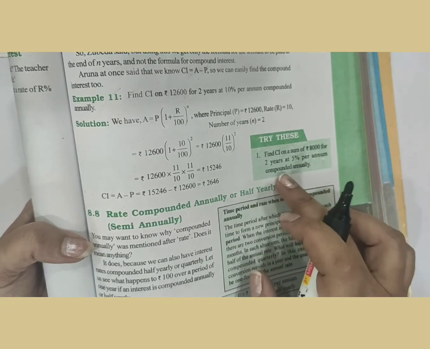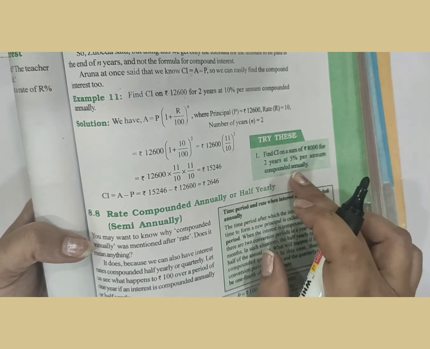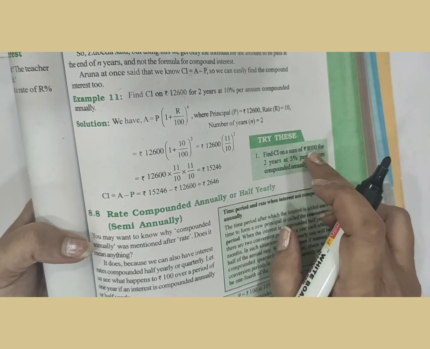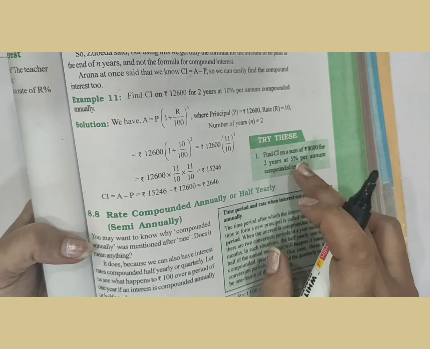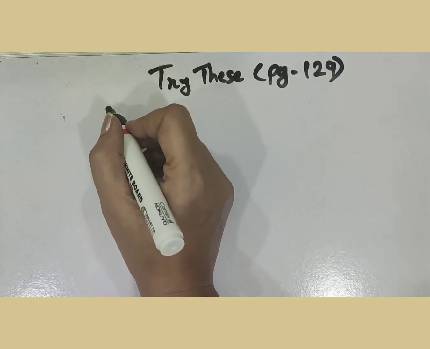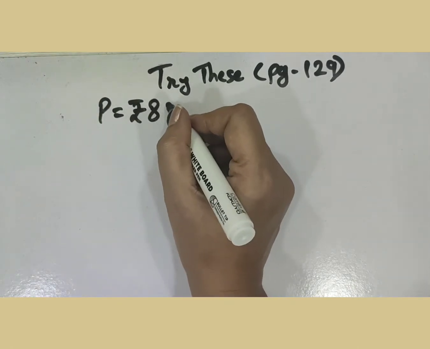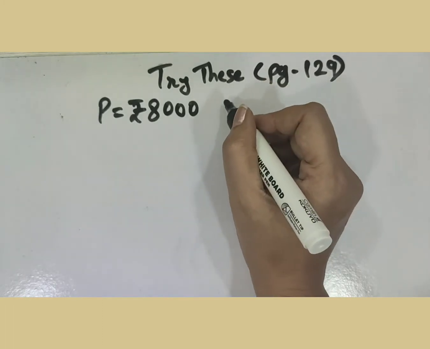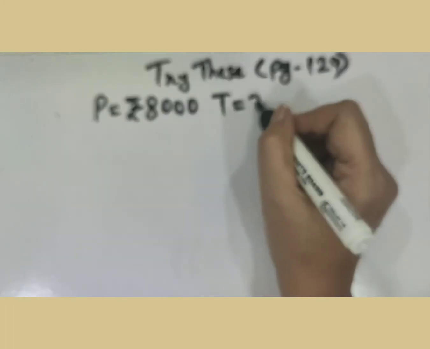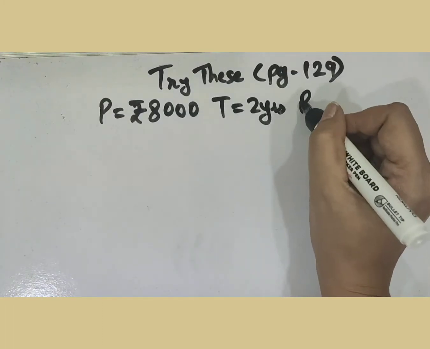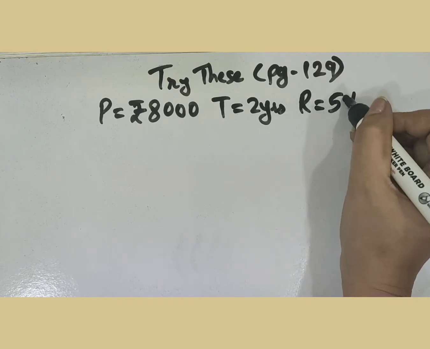Now here it is compounded annually, so we can use the generalized formula. Here our principal is 8,000, time is 2 years and rate is 5%.